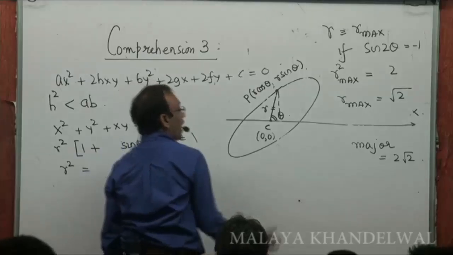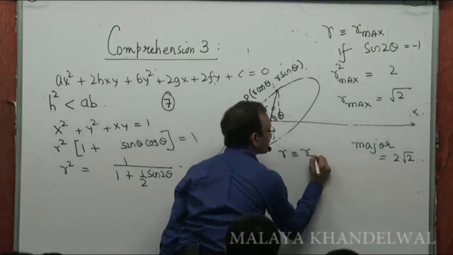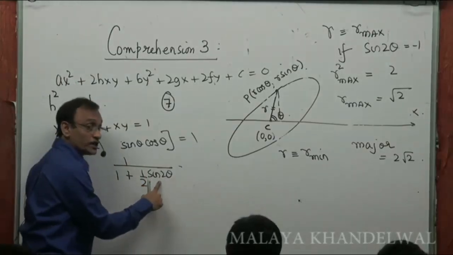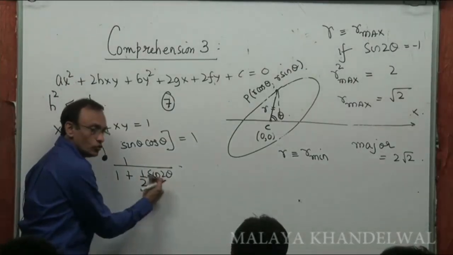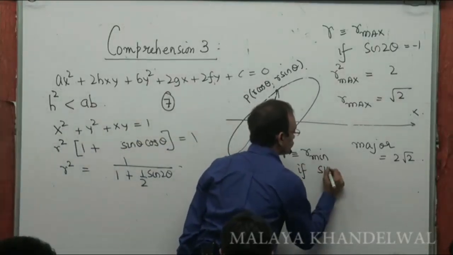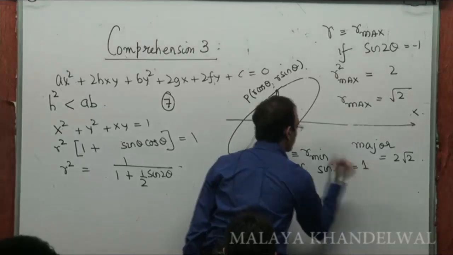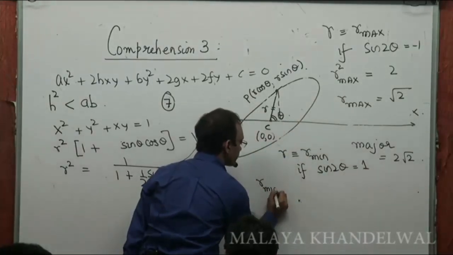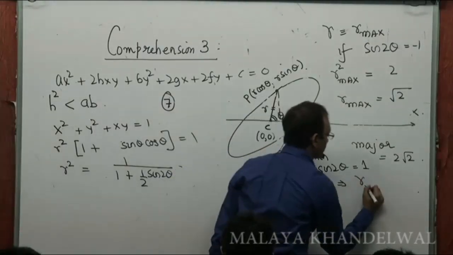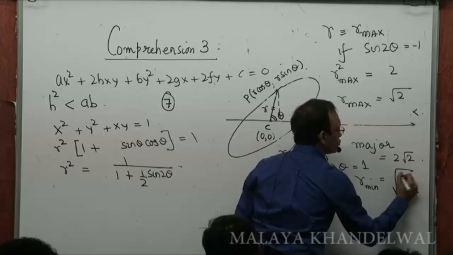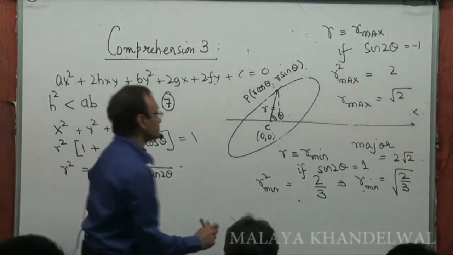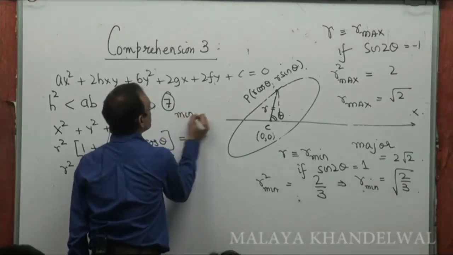Yes or no? Now r will be r min if sin 2 theta is maximum, that is plus 1. Then the denominator is 3 by 2, so r min squared is 2 by 3, or r min is root 2 by 3, and twice r min will be the minor axis of the ellipse.